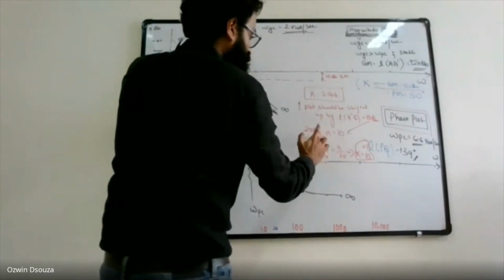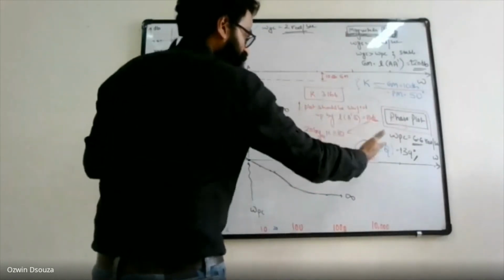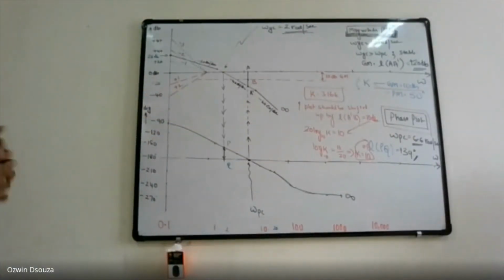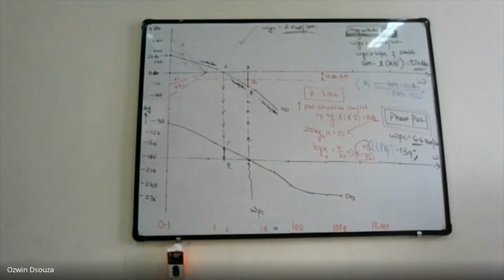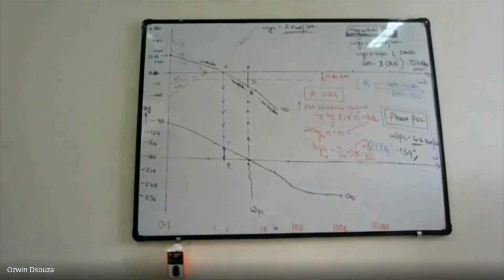So you equate 20 log K to that distance, which is 10 dB, take the anti-log, and you get 10 to the power 0.5, which is 3.166. So if you set the K value as 3.166, you will get a gain margin of 10 decibels. So that's the first part.